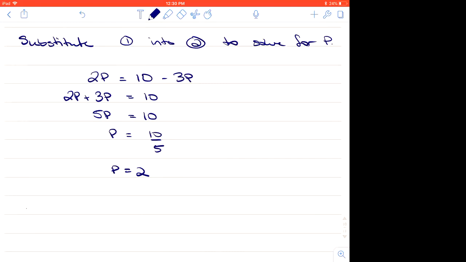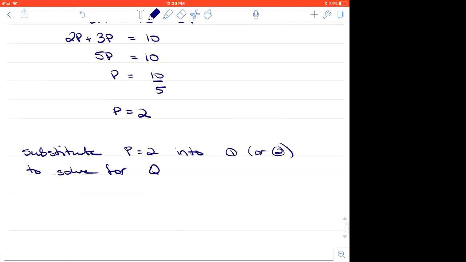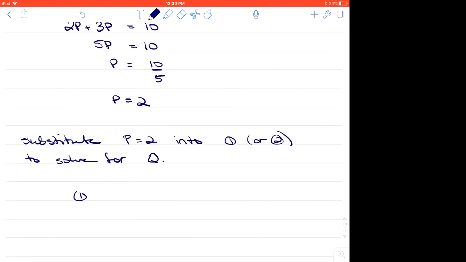Okay. Now, following the same structure as before, we're going to substitute P equals 2 into equation 1 or equation 2 to solve for Q. From equation 1, we had Q equals 2P. I'm picking that one, it's easiest, although they're both pretty easy.